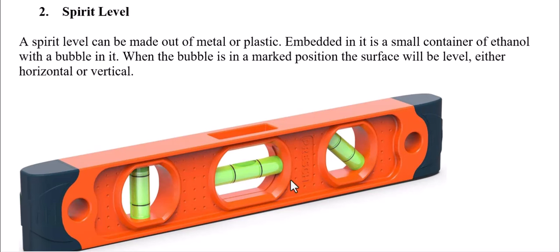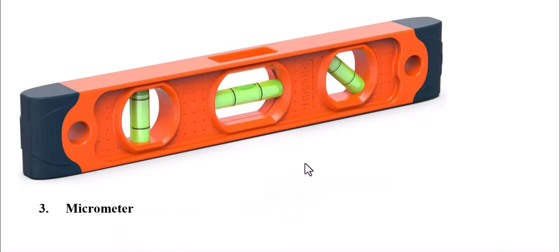So the main and basic function of this is to check a surface for horizontal accuracy, vertical, and 45 degrees. This is not very common for mechanical engineers, but it is used in some cases. It is very common for civil engineers and construction engineers.